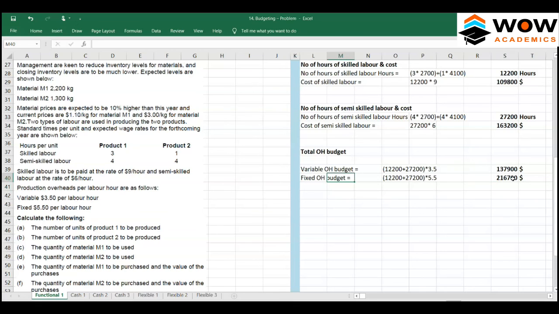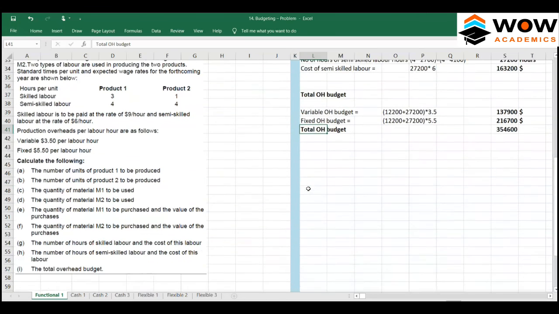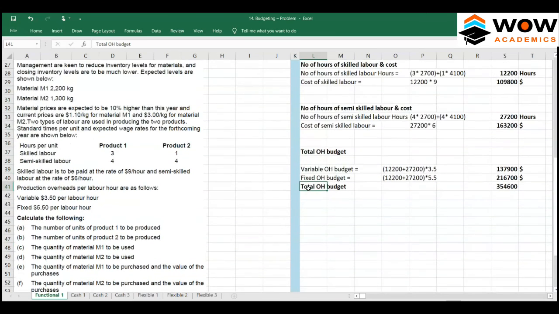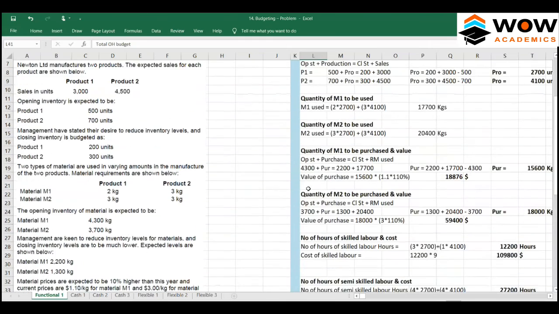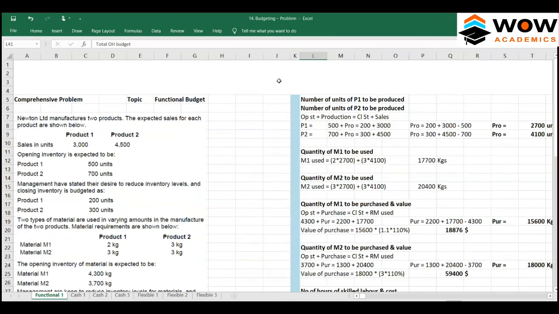So what's the total overhead budget? That will be just this plus this. Okay, so we got both. So this sum has given you an idea about how functional budgeting works. Functional budgeting is not tough, it's quite easy.